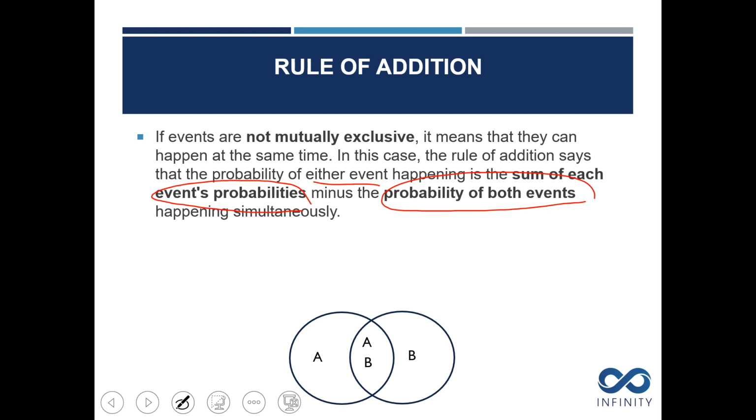We take the probability of event A, add the probability of event B, then subtract the probability of both events occurring simultaneously. This is the rule of addition when two events are not mutually exclusive.